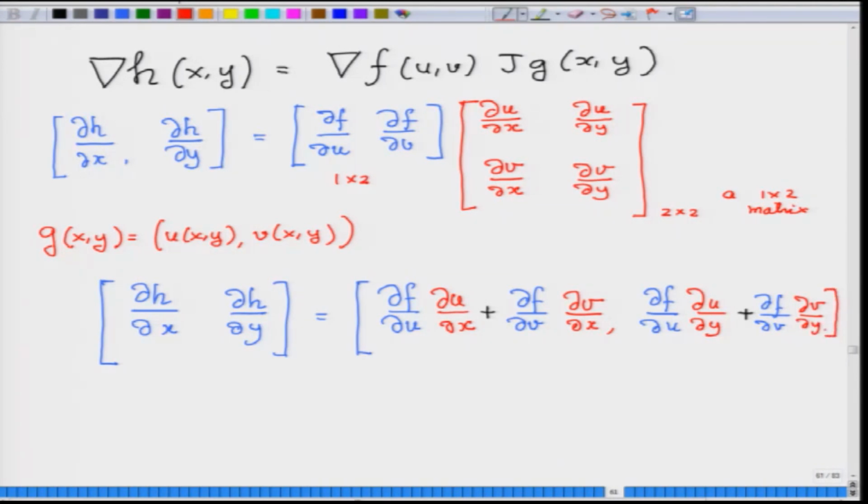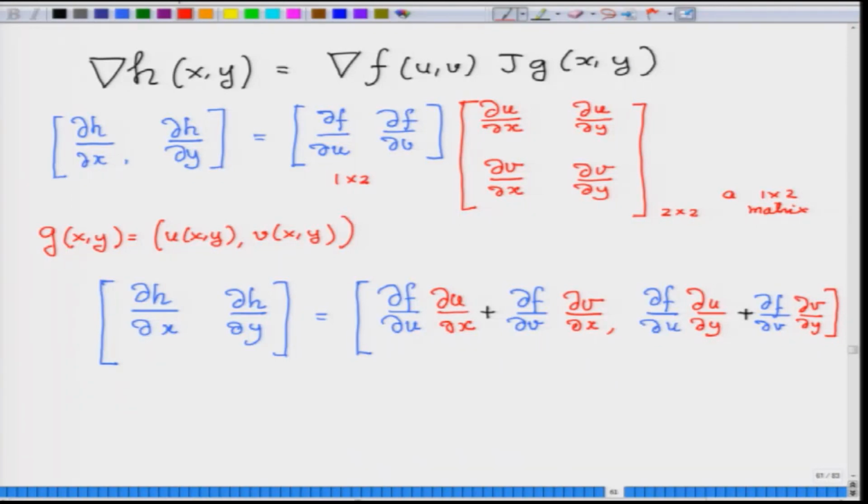So, which means del h del x is equal to this part. The first component of the right hand side is del h del x, and the second component of the right hand side is del h del y.